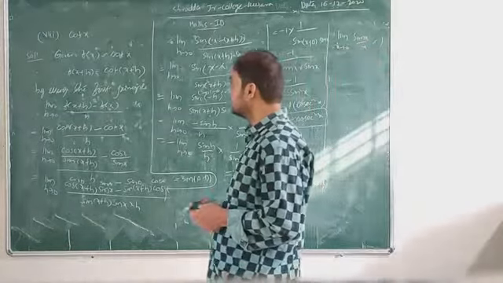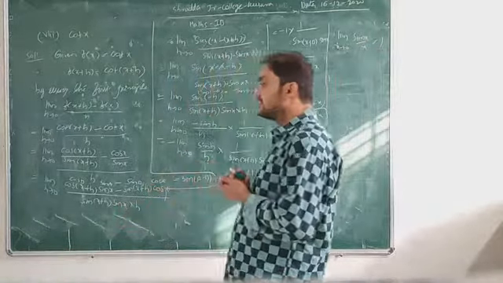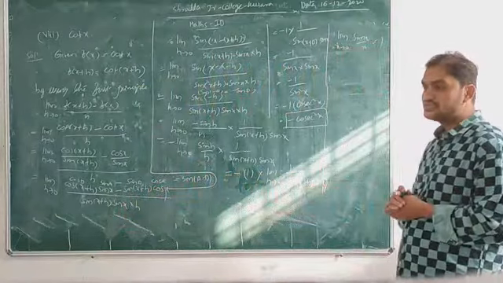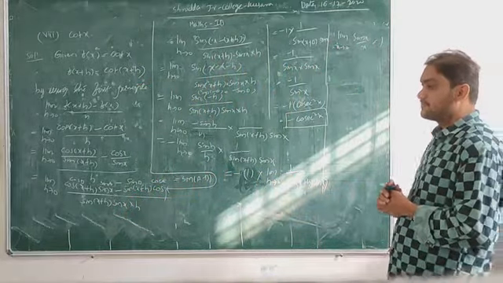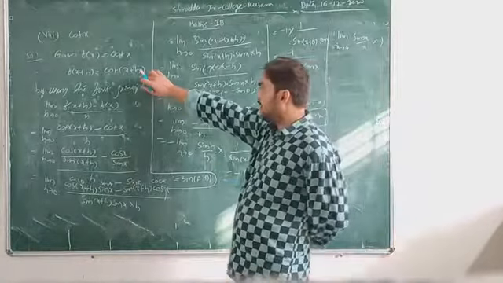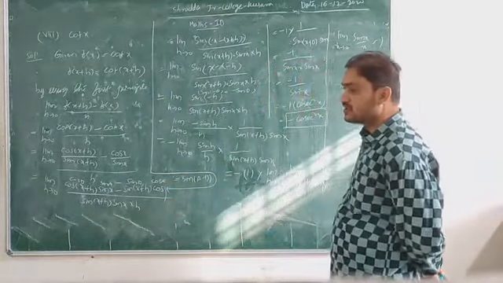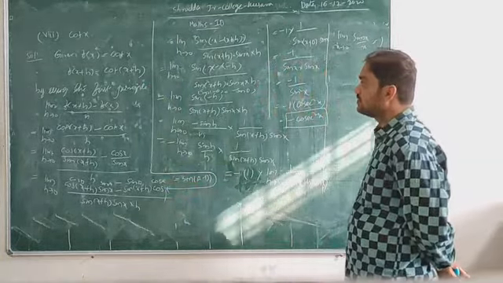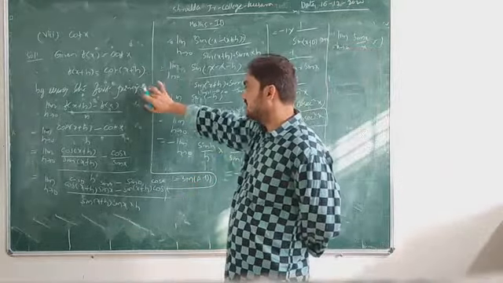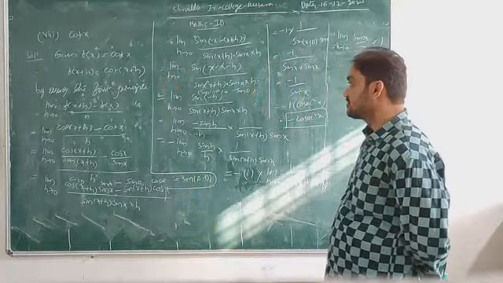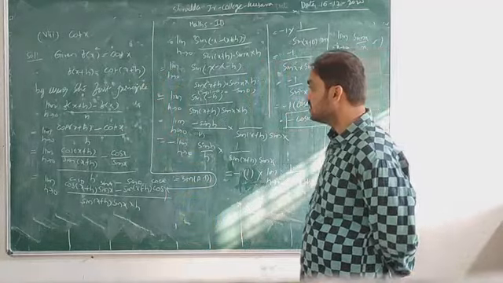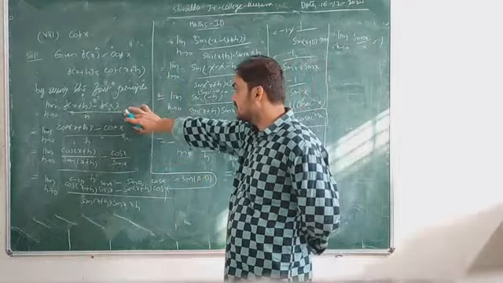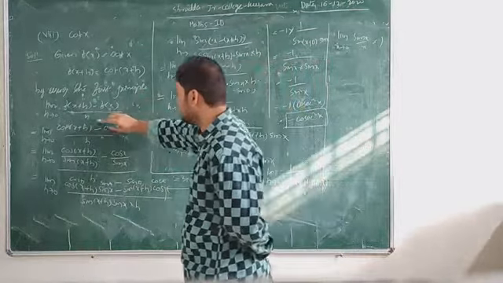See here once again, what is given here? Given f of x equals cot x. f of x plus h equals what? Cot of x plus h. By using the first principle here, limit h tends to 0, f of x plus h minus f of x by h.